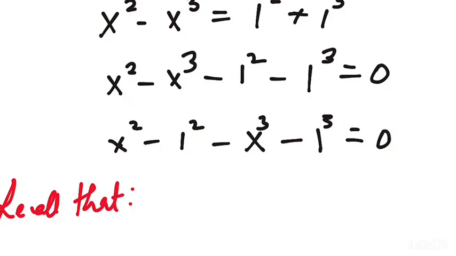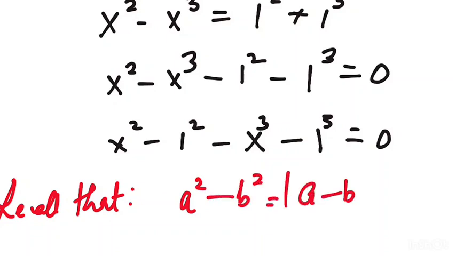So now from here, I want you to recall that when you have a squared minus b squared, this will give us a minus b and a plus b. That is the difference of two squares. And all that I can factorize.